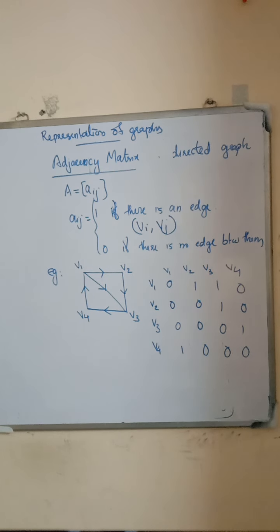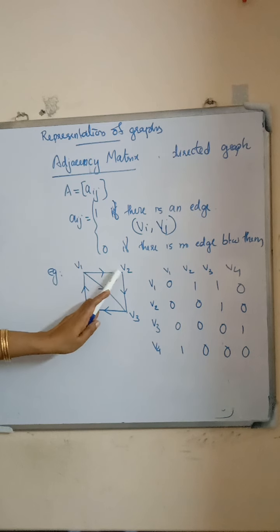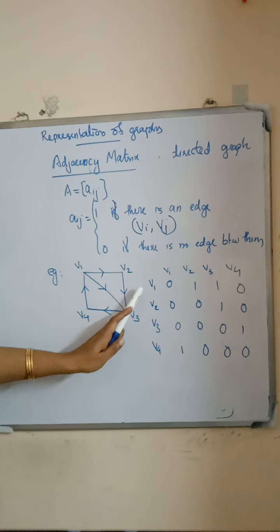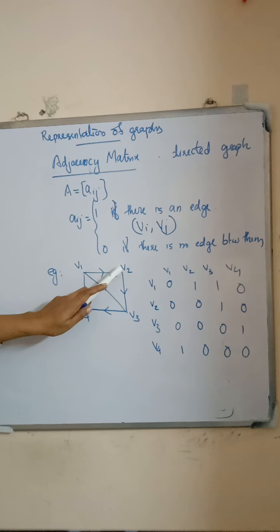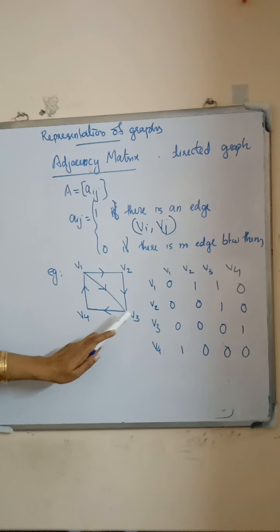Next, the adjacency matrix of a directed graph. In the case of a directed graph, Aij is equal to 1 if there is an edge from Vi to Vj. Here V1 is directed to V2, so V1, V2 is 1, but there is no direction from V2 to V1, so V2, V1 is 0.